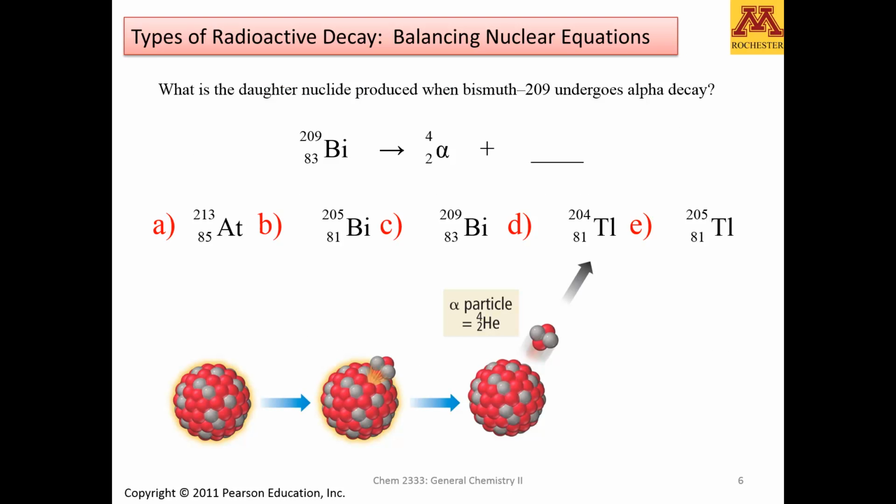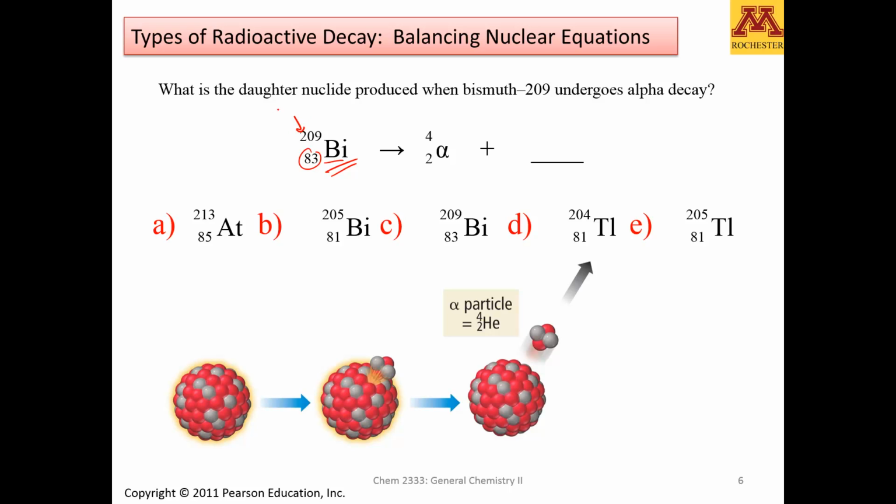What's important, and that's the main objective of this video, is to understand that like a chemical reaction, a nuclear reaction also needs to be balanced. So for example, you have here bismuth-209. Notice that this number and bismuth is redundant information. All bismuth has 83 protons.